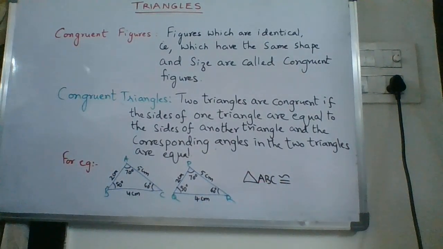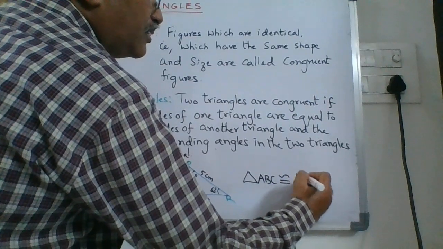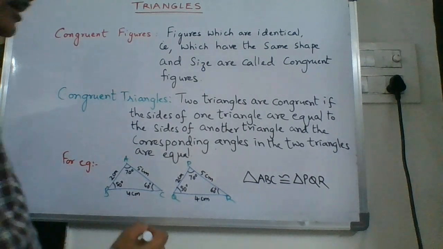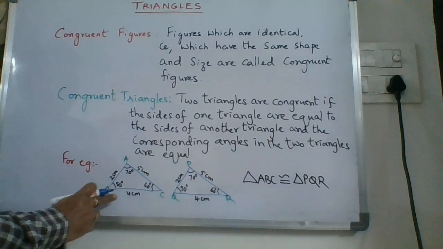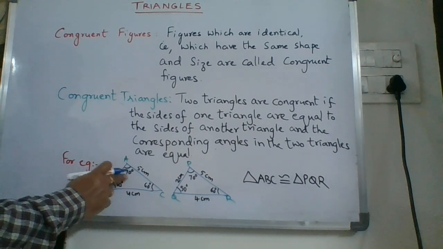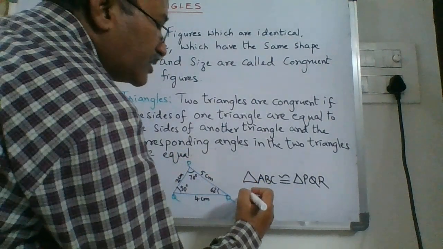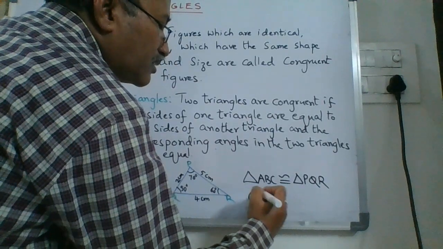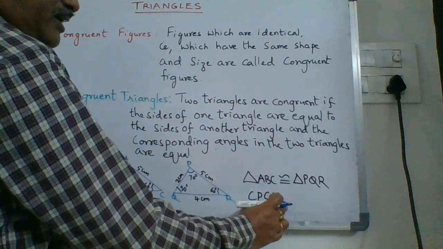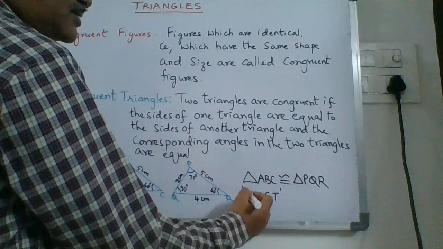This is the symbol used for denoting congruency. So triangle ABC is congruent to triangle PQR. Okay, write down. The congruent parts of one triangle are equal to another. Therefore we write in short: congruent parts of congruent triangles. Whenever we have to write congruent parts of congruent triangles, we use this short form, that is CPCT.